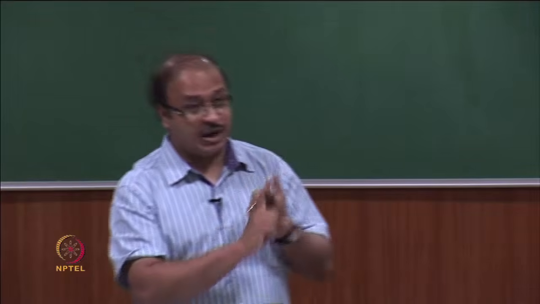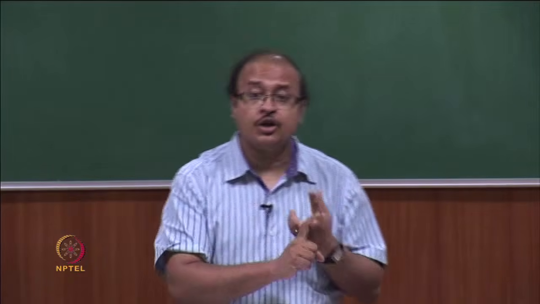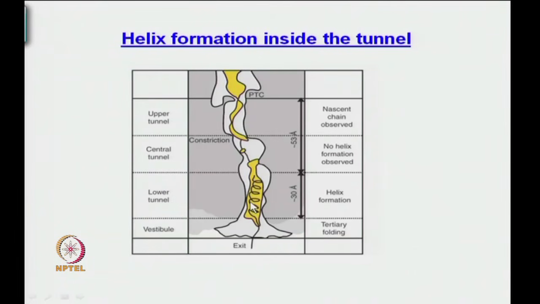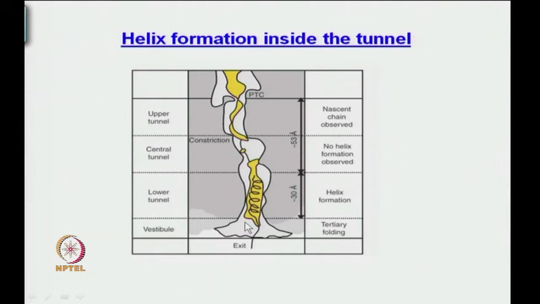So, that means the primary structure is already there, the protein is getting synthesized, you have the secondary structure, this helical formation is taking place, alpha helix secondary structural element is forming, and then you have the tertiary folding. Even tertiary interactions can take place inside this tunnel. But you can see at this place no helix formation is observed, that means before this place there is no helix formation taking place.